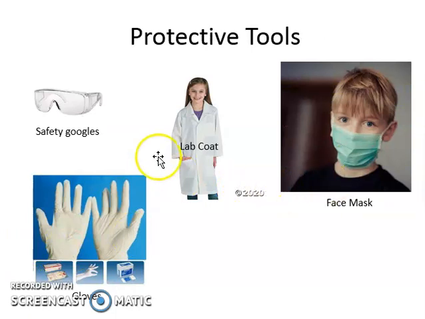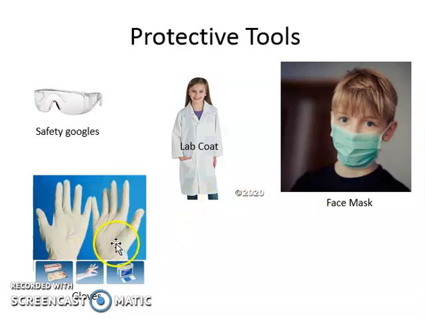Protective tools. We use them to protect our body when we are doing experiments. Safety goggles to protect our eyes. Lab coat to protect our body and our skin. Face mask to protect our face and at the same time to cover your nose, especially if there are fumes. Fumes are bad odors, like chemicals and burning objects in the lab.